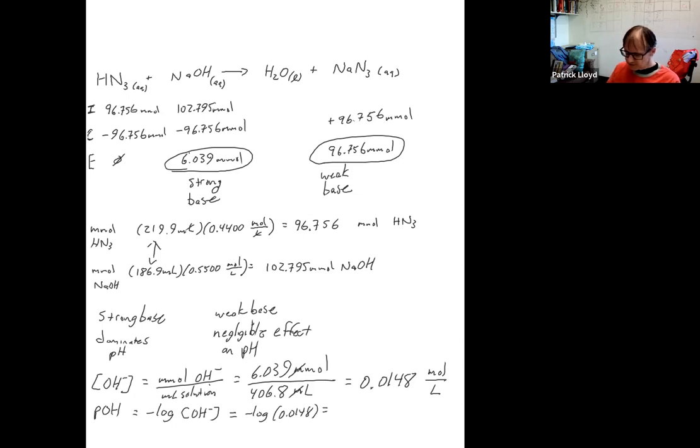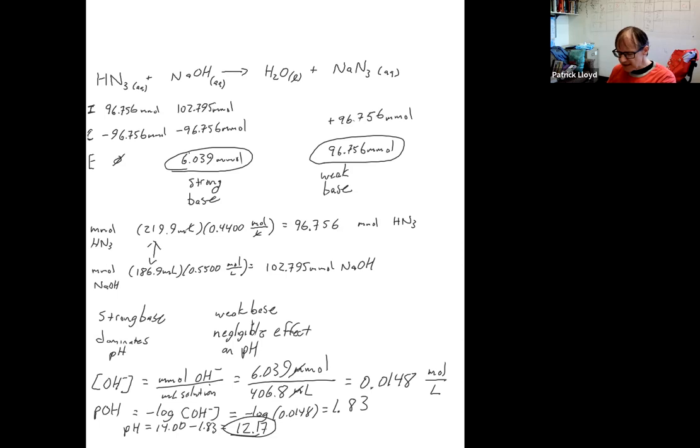On my calculator, minus the log of 0.0148, and you get 1.83. It's 1.8297, but I'm just going to round it to 2 digits, 1.83. And then your pH is 14 minus that. I hope you remember that from chapter 16. So that's 12.17. And there you go.